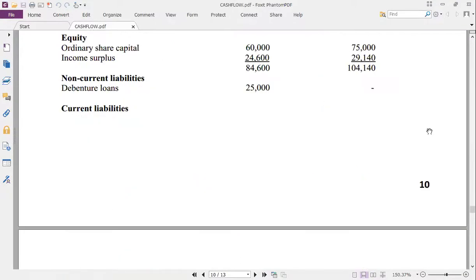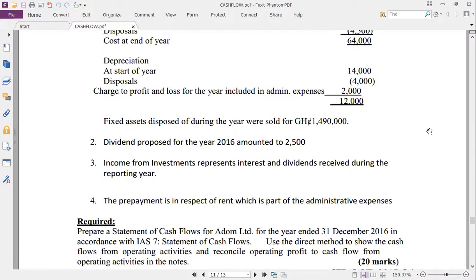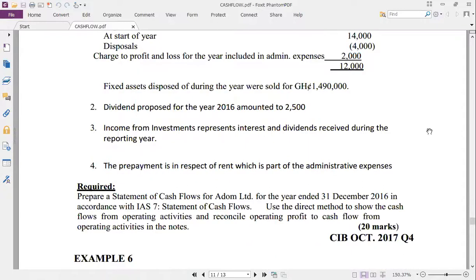So we've scanned through every aspect of this question. Please, when you go home, I need a full section of the solution. It has been solved, so if you send the solution, I'll forward the solution back to you.